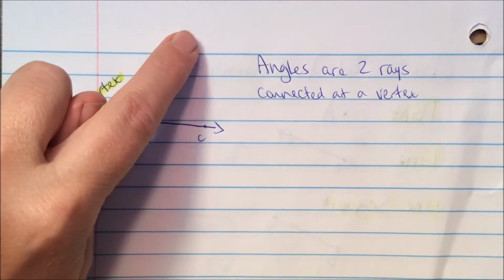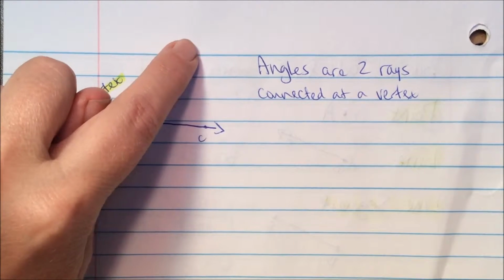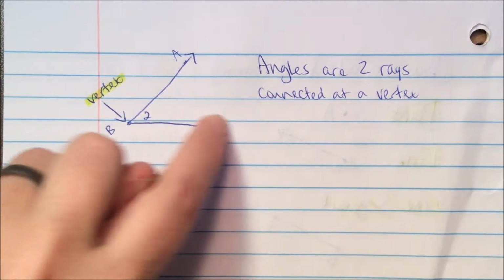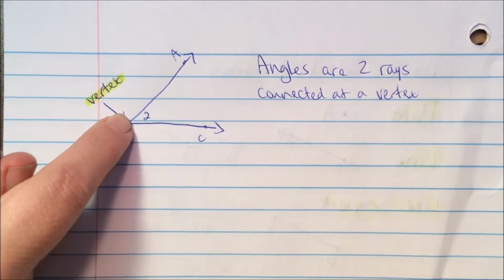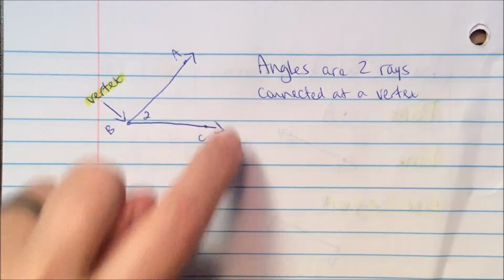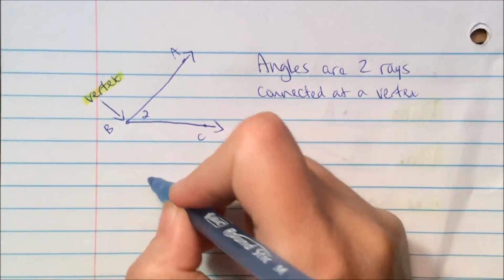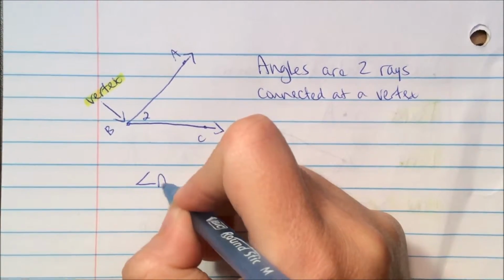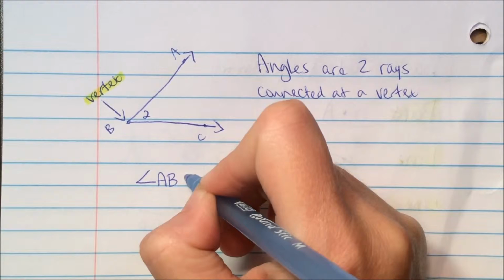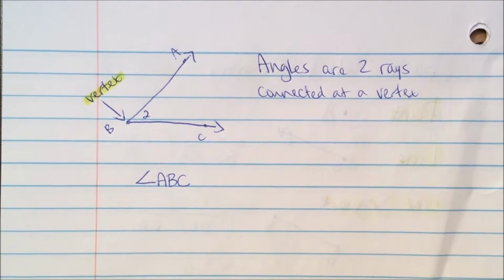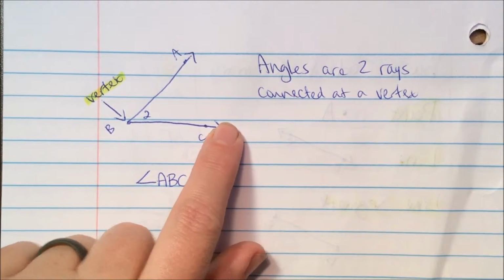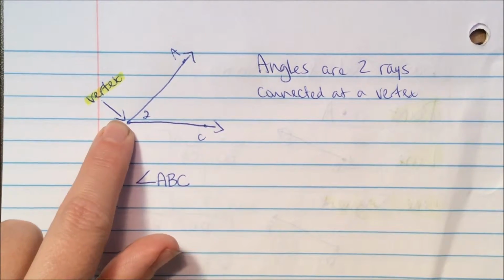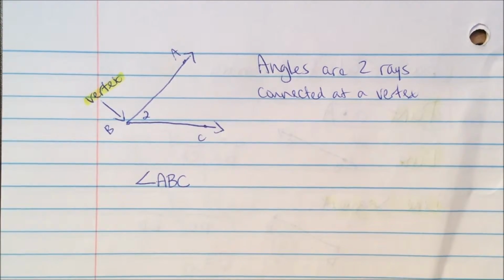So one of the ends of the rays, and then come to the vertex and then go to the other one. So it's like A, B, C. That's how you do it. So this would be angle ABC. Or we could start over here and go C, B, A.